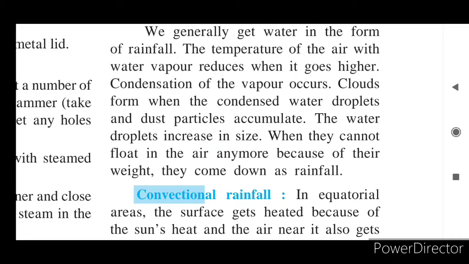So here it is said that there is moisture in the air. So in the daytime there is heat. Suppose there is an ocean, and on that ocean, because of the sun rays, water vapor will form, and in the air there is an amount of moisture.